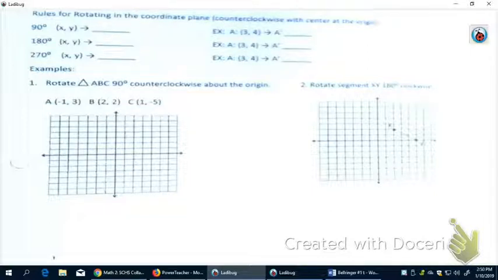So I'm going to turn it. There's my new picture. This is my answer. I just need to draw that answer on the paper to show it. So when I do that, I have negative 2, 2. I have negative 3, negative 1. And then 5, positive 1.